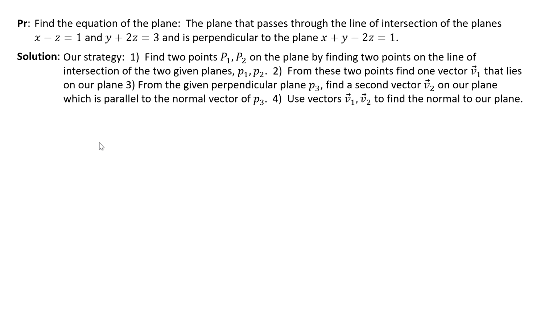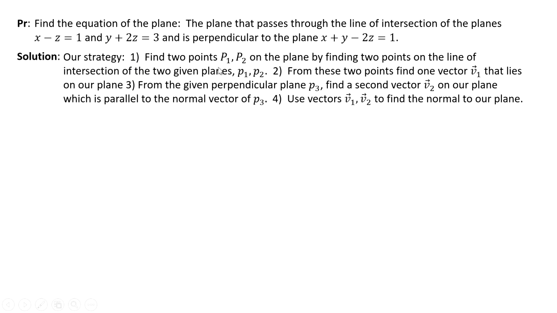First step, find 2 points, P1 and P2, on our plane by finding 2 points on the line of intersection of the two given planes, P1 and P2. Which ones are P1 and P2? P1 is x minus z equals 1 and P2 is y plus 2z equals 3. So let's find 2 points on that line of intersection.